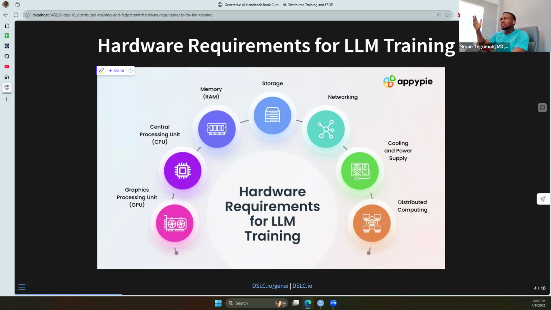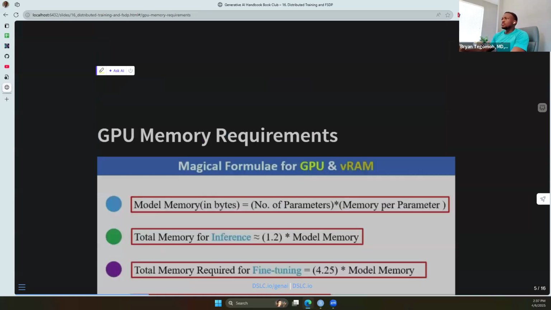Now we've transitioned to this era of accelerated computing that's been driven mostly by all the innovations that have happened with GPUs, or graphics processing units. Then we have memory, RAM, storage, networking, cooling, and power supply, and then distributed computing. Those are some of the foundational hardware requirements that typically go into large-scale LLM training.